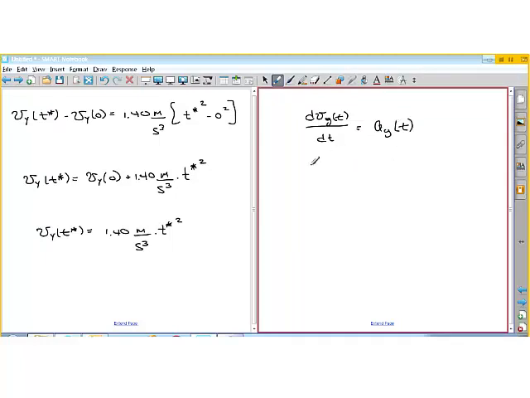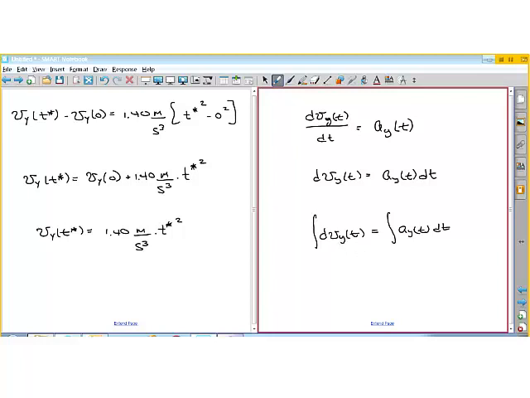Okay, so you multiply both sides by dt. And then what we do is we integrate. So you integrate both sides. So this is solving like a differential equation, which we'll get into in the second semester of calculus.